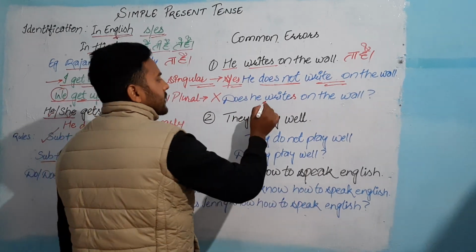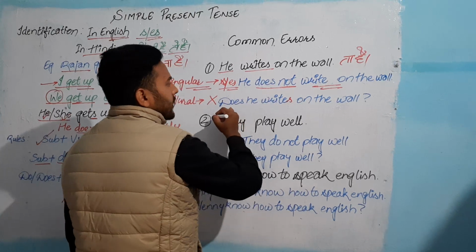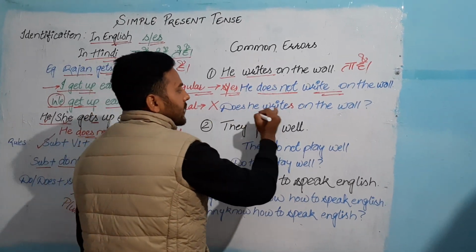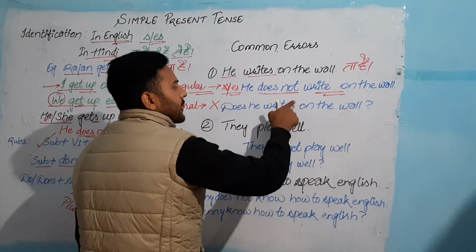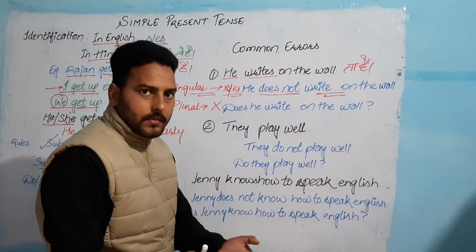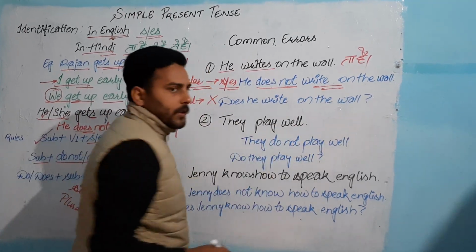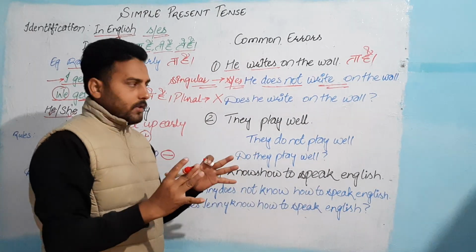Now look at here. Similarly here, a few students make the mistake, and look at here, it's interrogative. Does he writes on the wall? So here no need to add s. So, does he write on the wall? This is appropriate, or this is the correct one.